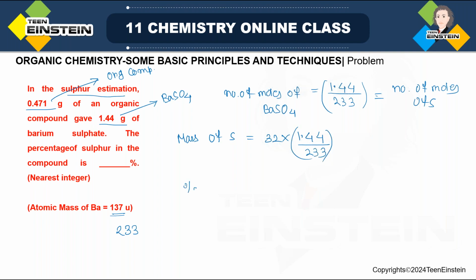So the percentage of sulfur will be 32 multiplied by 1.44 divided by 233, and this whole quantity should be divided by 0.471, the mass of the organic compound, multiplied by 100. Ultimately we can simplify it.